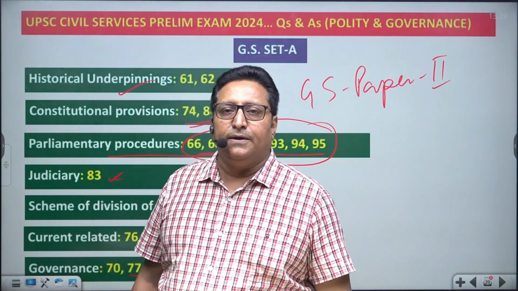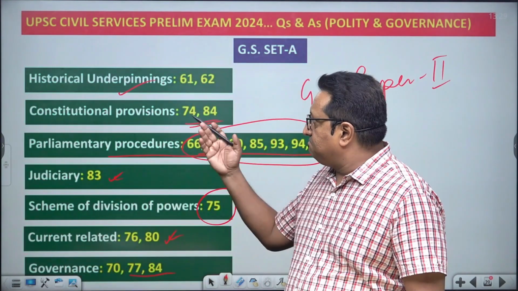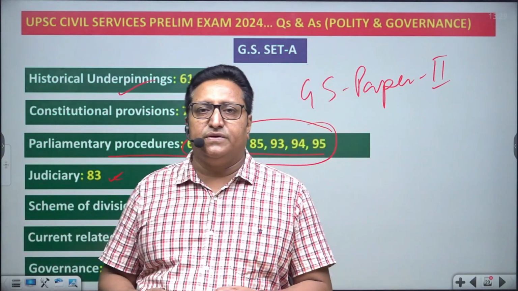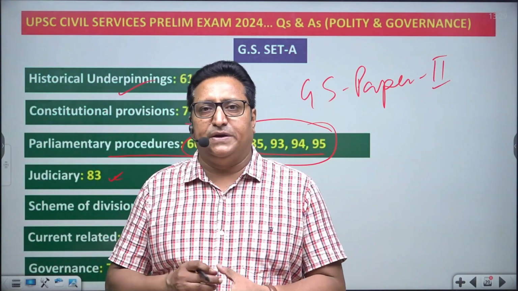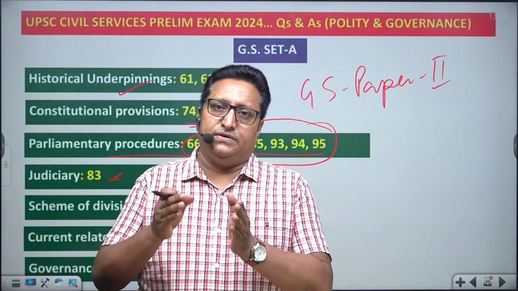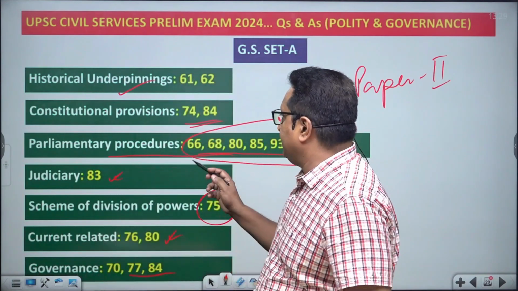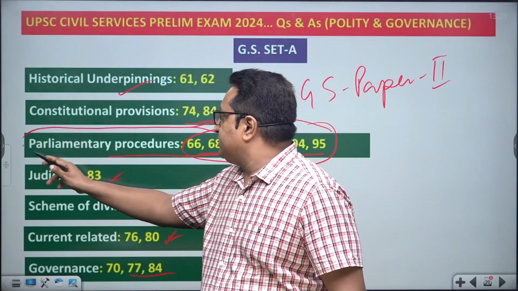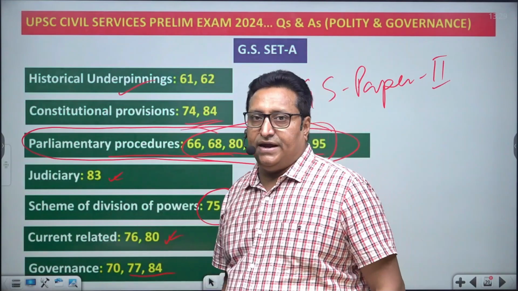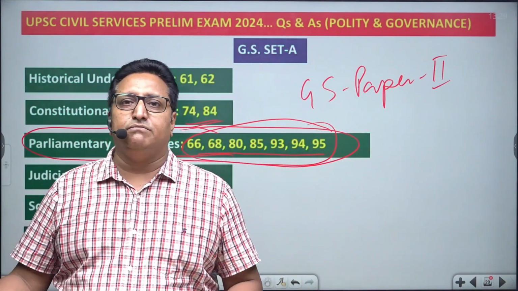So you see, questions are asked from every aspect of the syllabus, every topic that has been mentioned in your syllabus. But this is the largest catchment area from where you can get the maximum number of questions.